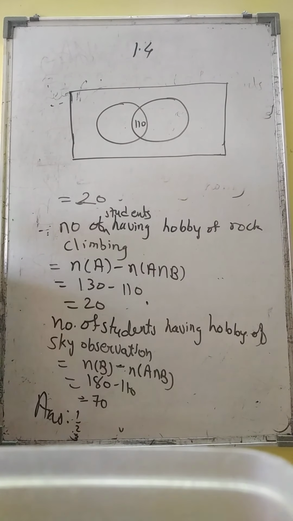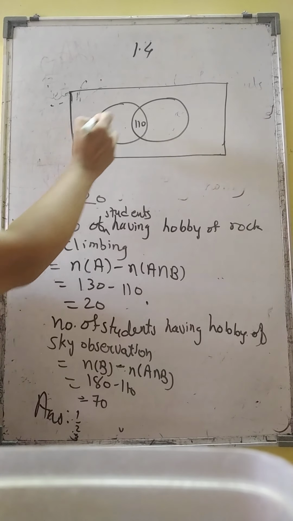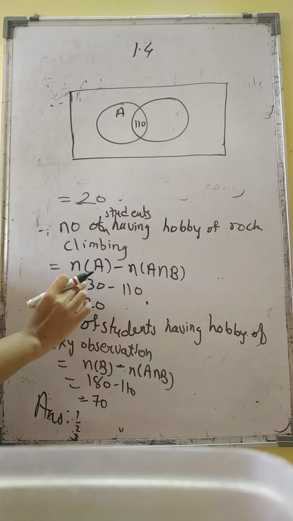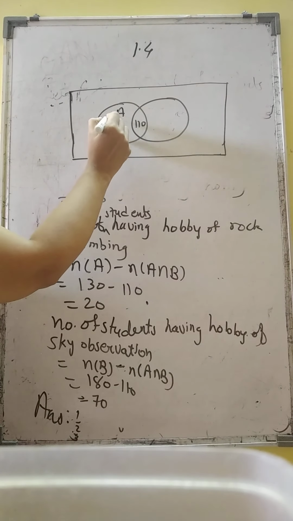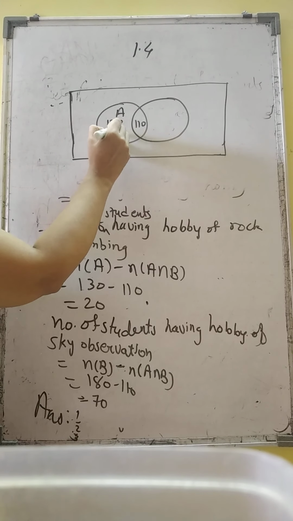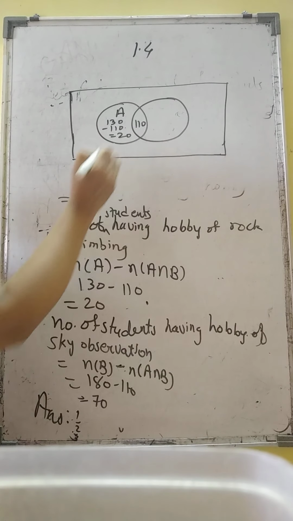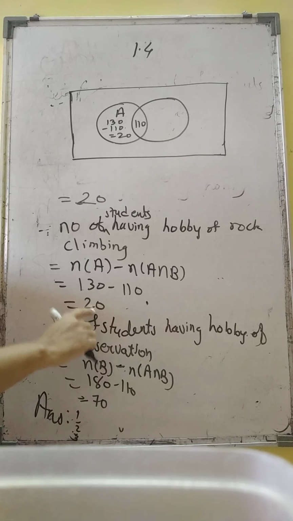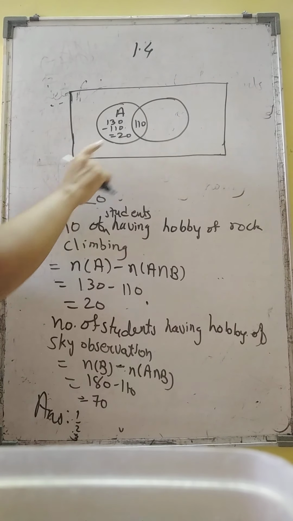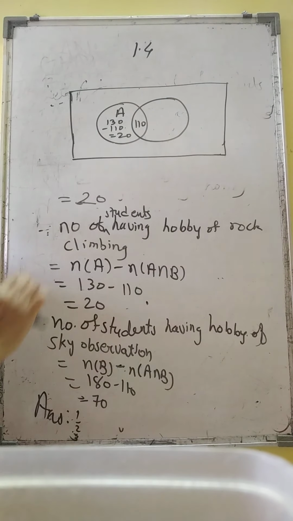Then the rest is easy. Now A has 130, so it will be 130 minus 110, which comes out to be 20. See, you directly get the answer here. They only have the hobby of rock climbing and not sky observation.